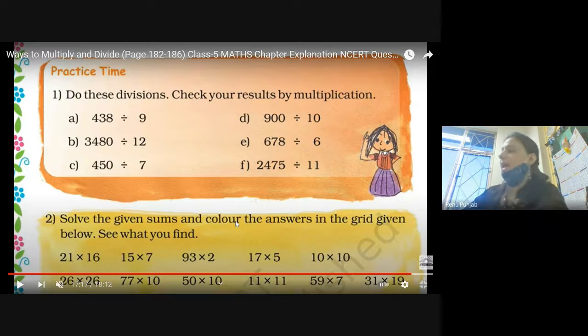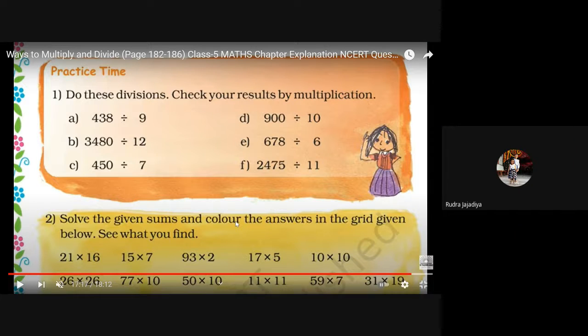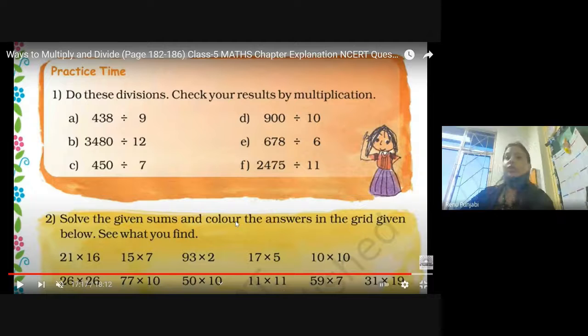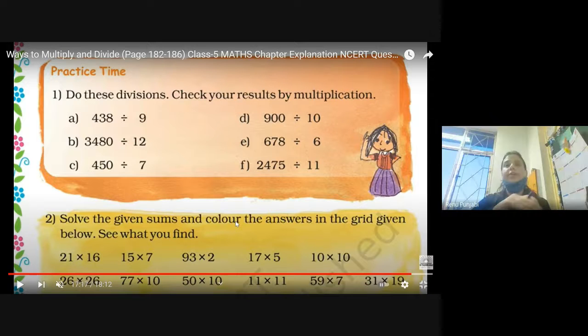Okay, what is the F answer? 255. 225. Let me check. 225 is the F answer.